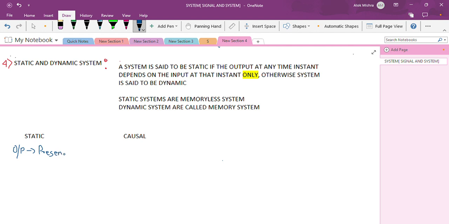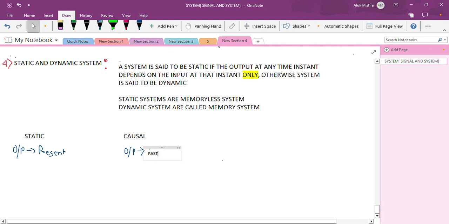And in causal, the output depends on past and present value both. Note down this.